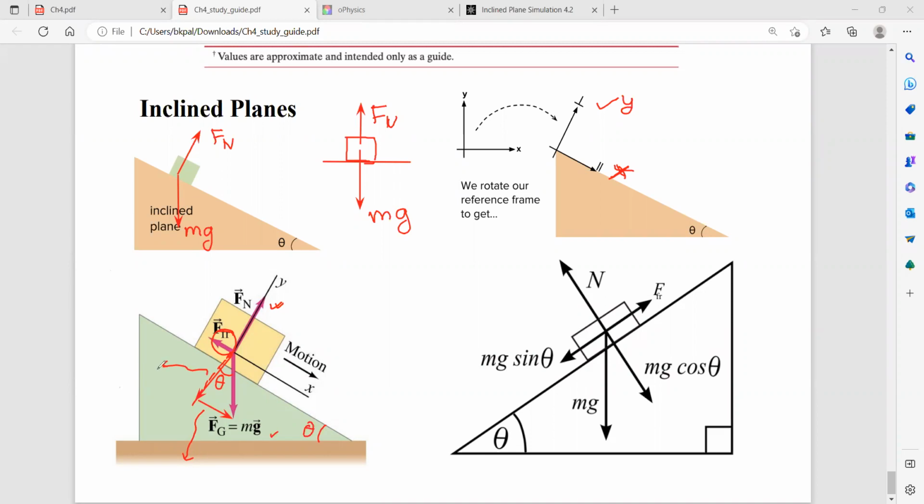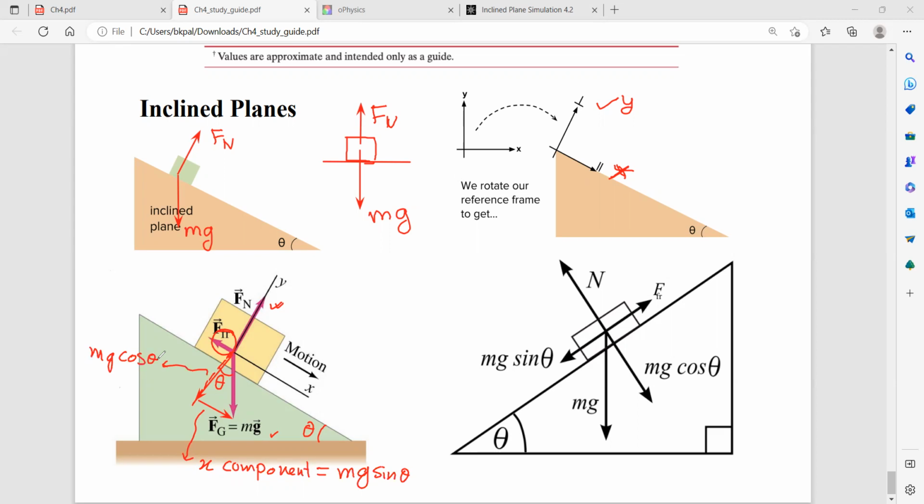Okay, so the x component will be mg sine theta. Why is it mg sine theta? Because it is opposite of theta, and this will be mg cosine theta.